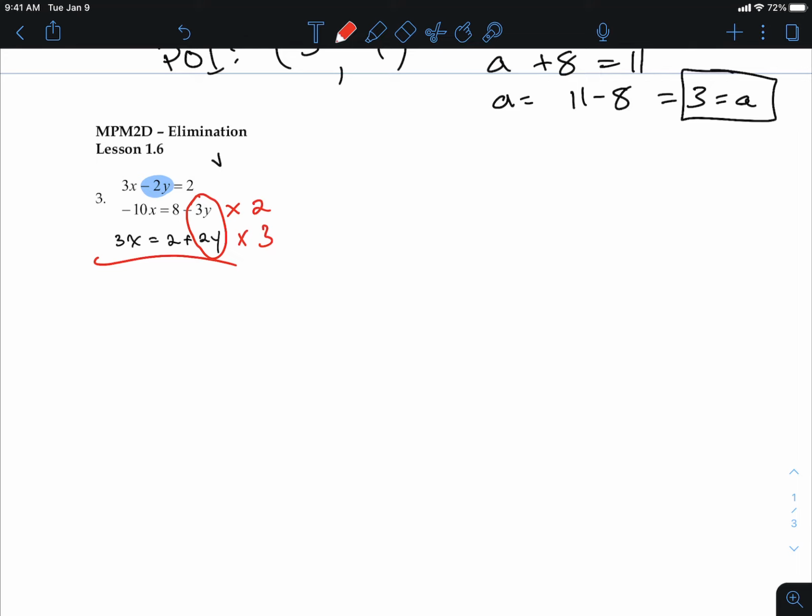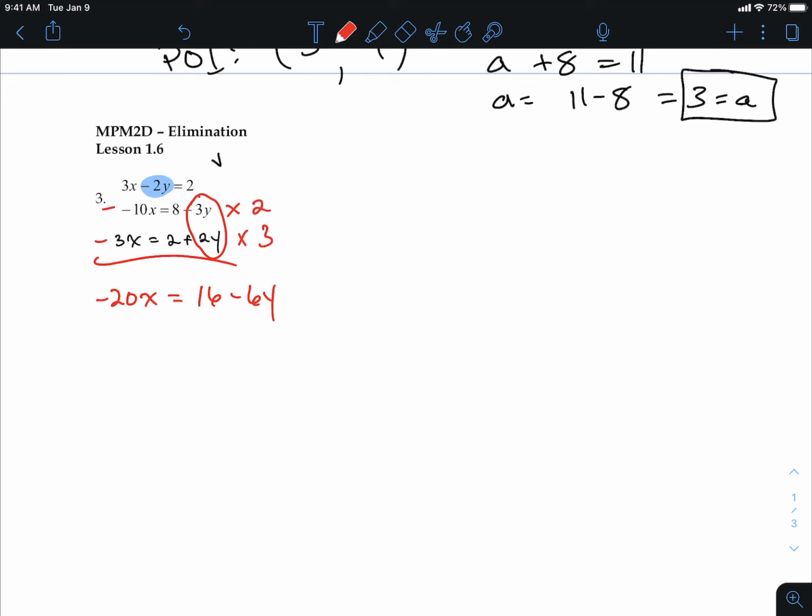So I'm going to multiply this guy and this guy by their multiples, okay? So I'm going to get negative 20x is equal to 16 minus 6y. Okay?